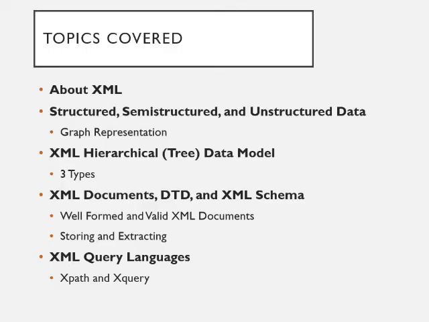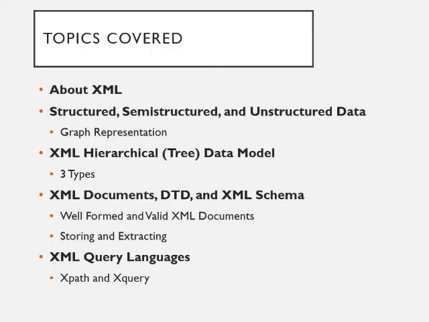So far we have seen what is XML, and structured, semi-structured and unstructured data, which is represented in a graph manner. The XML hierarchical data model has three types: document centric, data centric, and hybrid. We saw XML documents, DTD and XML schema, along with well-formed and valid XML documents.